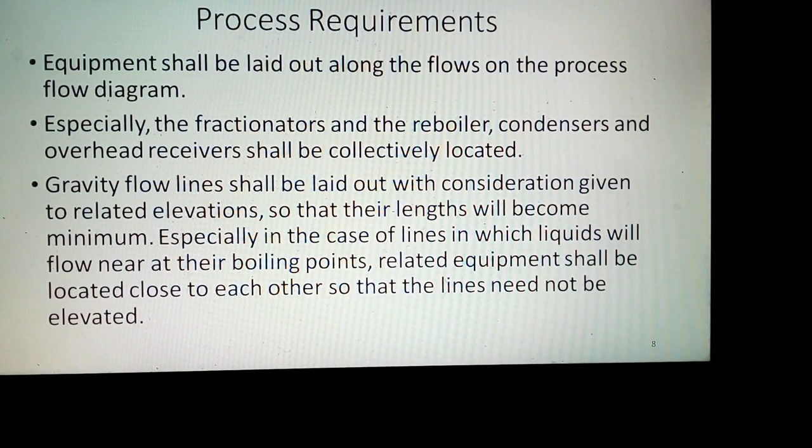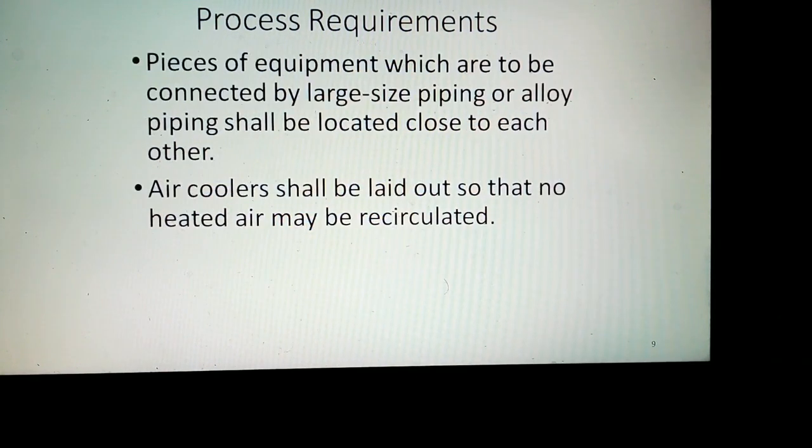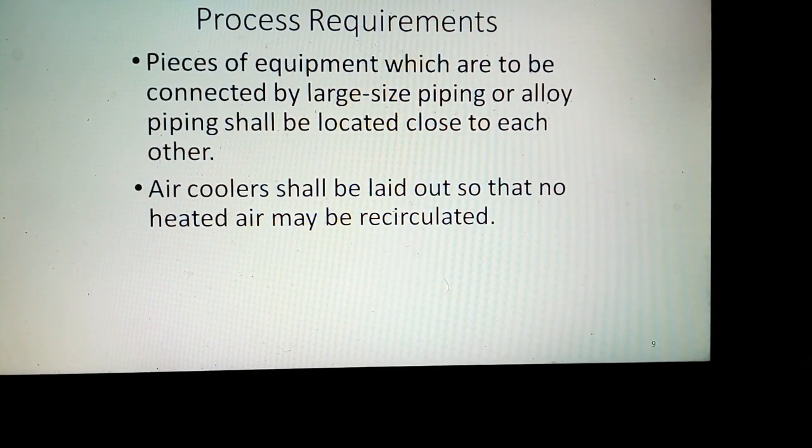Related equipment shall be located close to each other so that the lines need not be elevated. Pieces of equipment which are to be connected by large-size piping or alloy piping shall be located close to each other. The coolers shall be laid out so that no heated air may be recirculated.